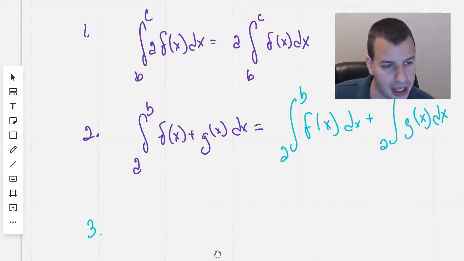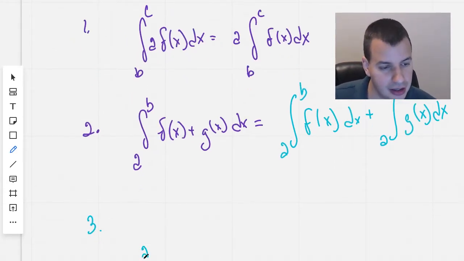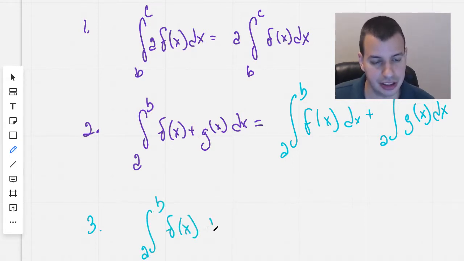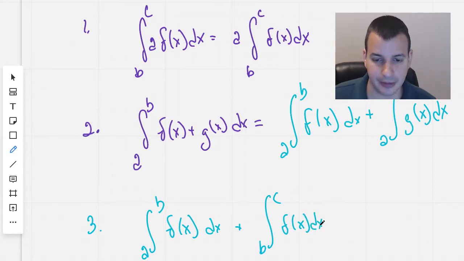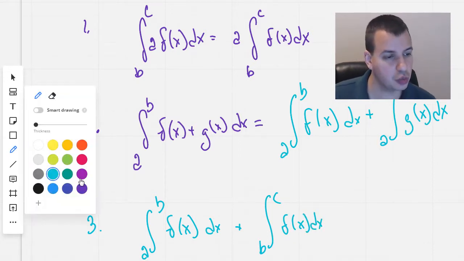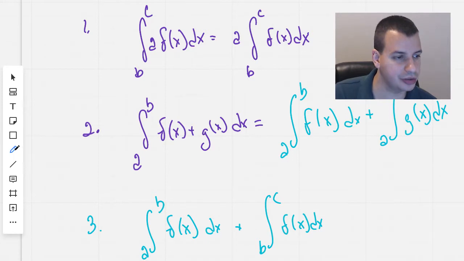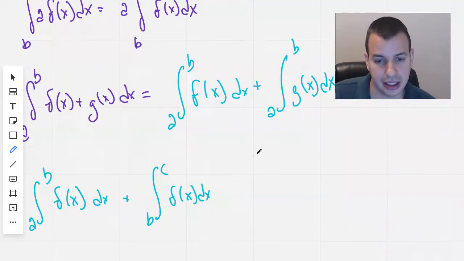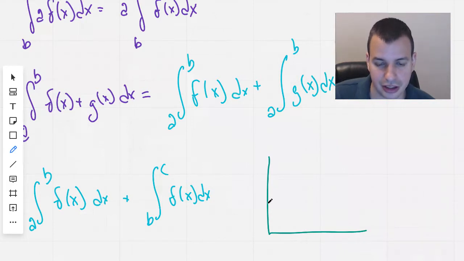Next one I want to look at would be the integral from a to b of f of x dx plus the integral from b to c of f of x dx. So looking at this graphically, what this is hinting at, or implying, is you have your graph like so.